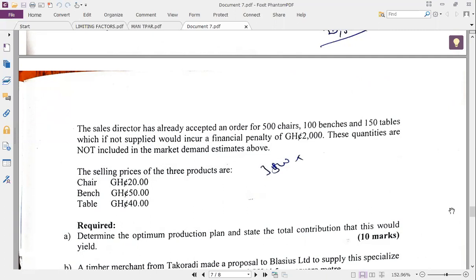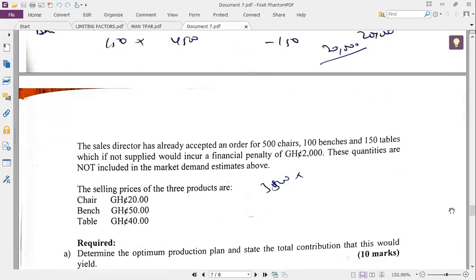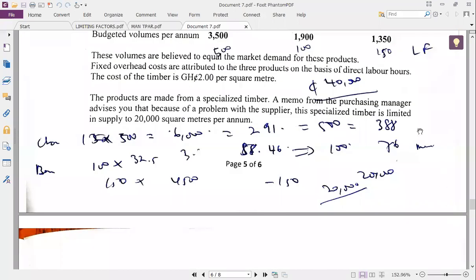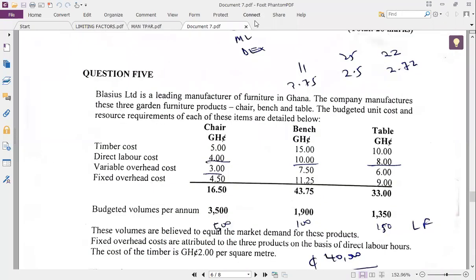Optimum production plan. Now let's see. We are going through the steps. So step 1, step 2, step 3. Let us follow the steps, and then that is the end. This one was just an ended paper.